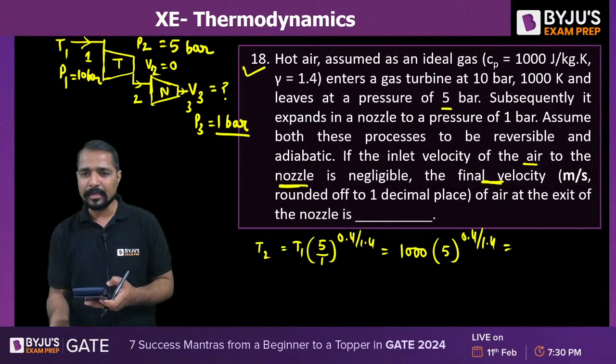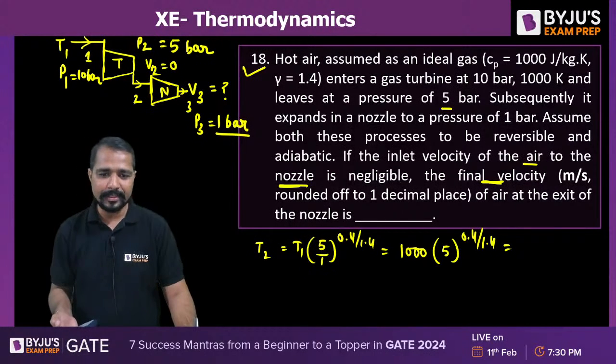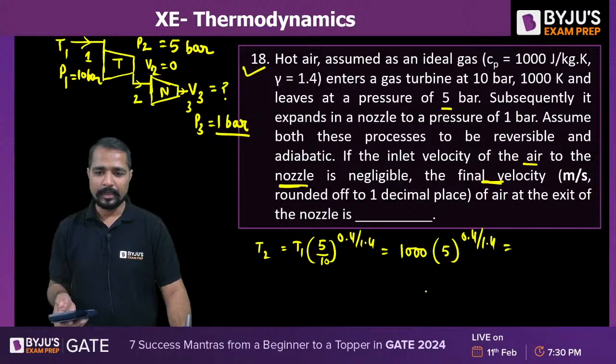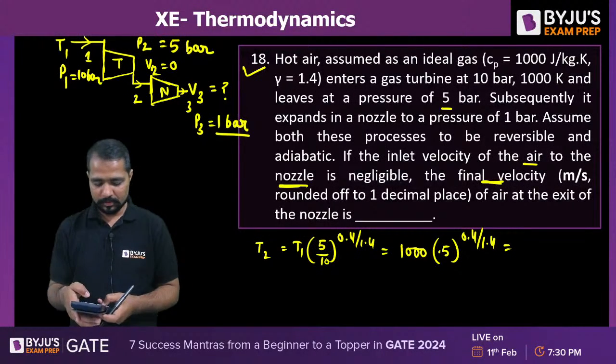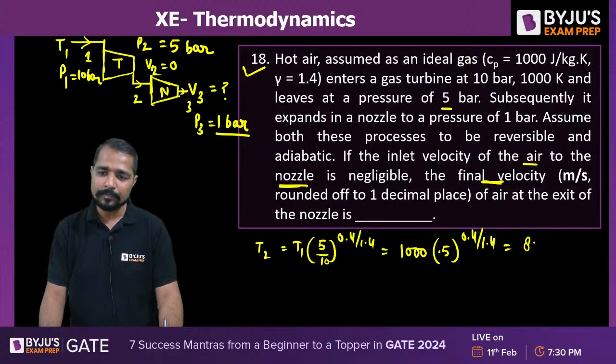Sorry, it's 10 now, so 5 by 10 is there, that is 0.5. So 0.5 raised to 0.4 divided by 1.4 multiplied by 1000. Answer is 820.33. Ajay, 820.33. It is T2.